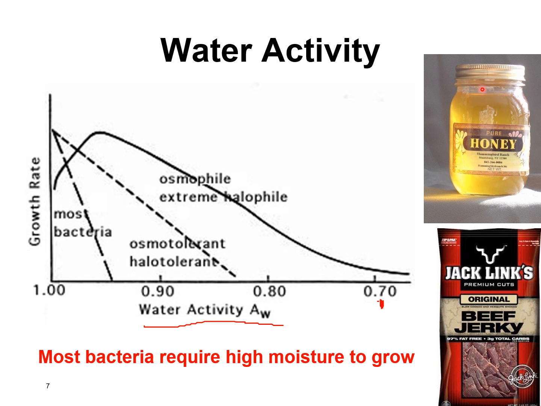So you probably have some honey, maybe sitting in your cupboard at home. You don't have to refrigerate it, and it can sit in your cupboard for years and not have anything grow in it. Same thing with beef jerky. It's dried and salted, and nothing's really going to grow in that beef jerky for a very long time, because there's no water available for microorganisms to use and be able to grow on that.